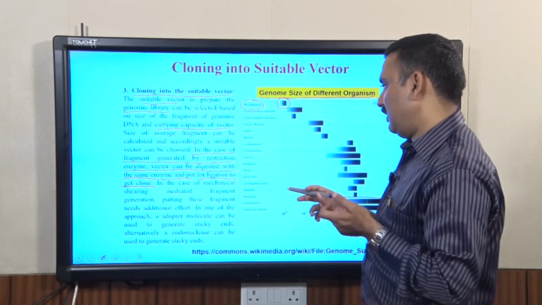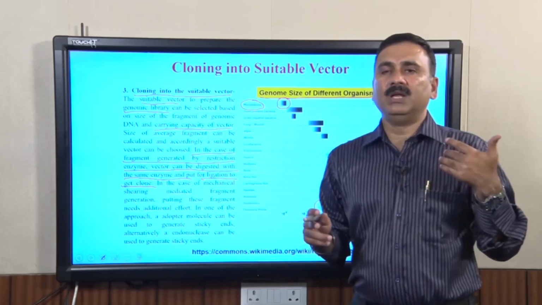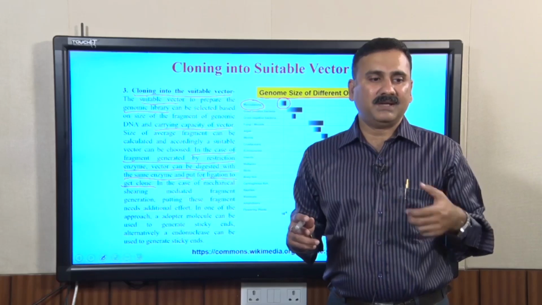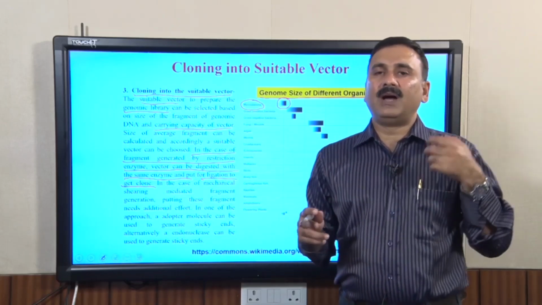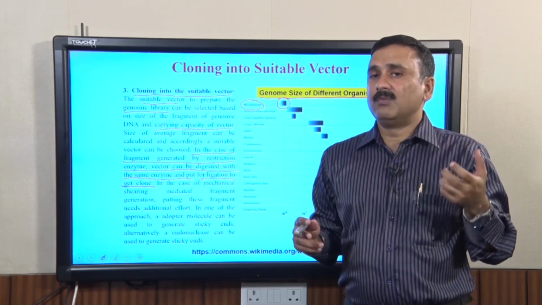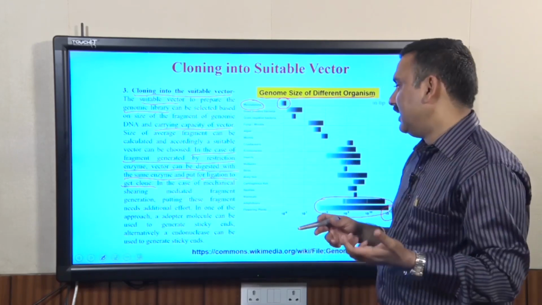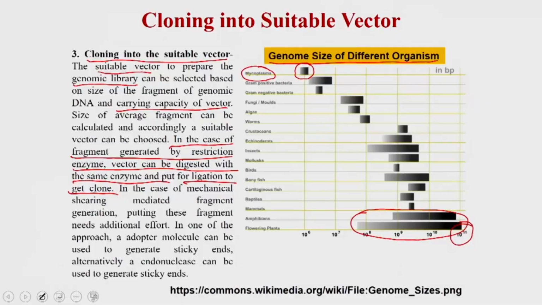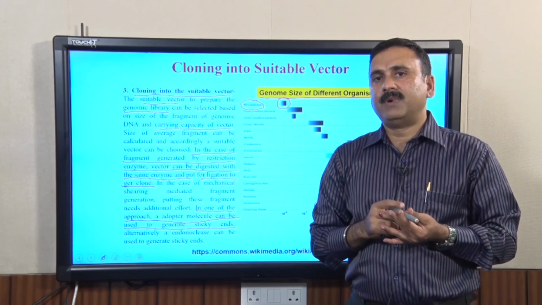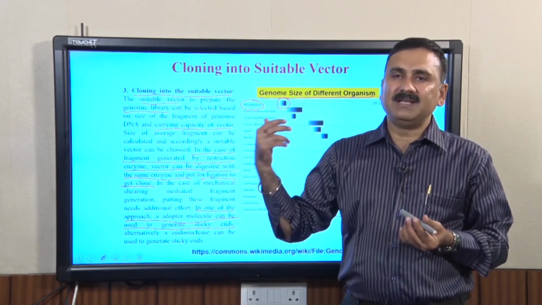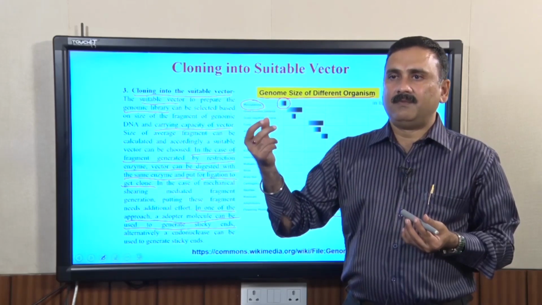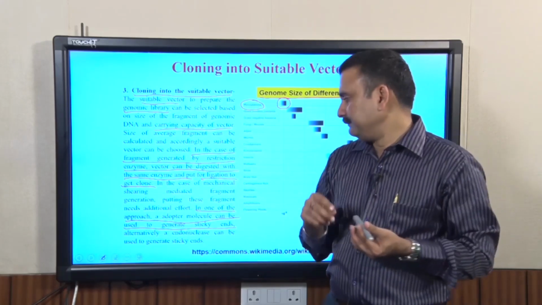So, in those cases the subsequent cloning is going to be very tedious and difficult, and you might have to put in more effort. One approach in that case is that you can put in an adapter molecule to generate the sticky ends, and then you can use those sticky ends to insert that particular fragment into the vector, which will also be digested with an enzyme for which the adapter molecule has been used.